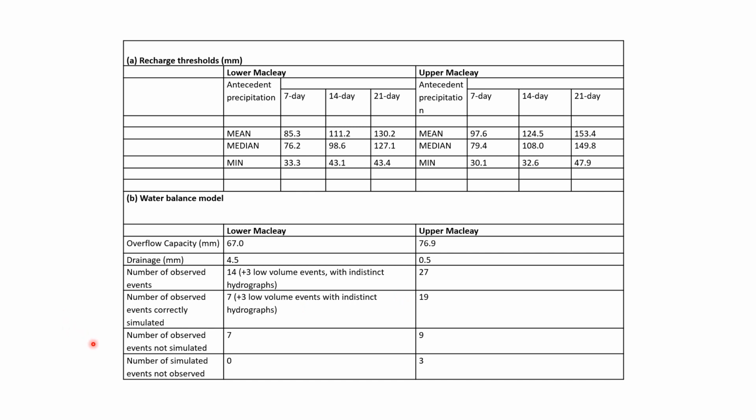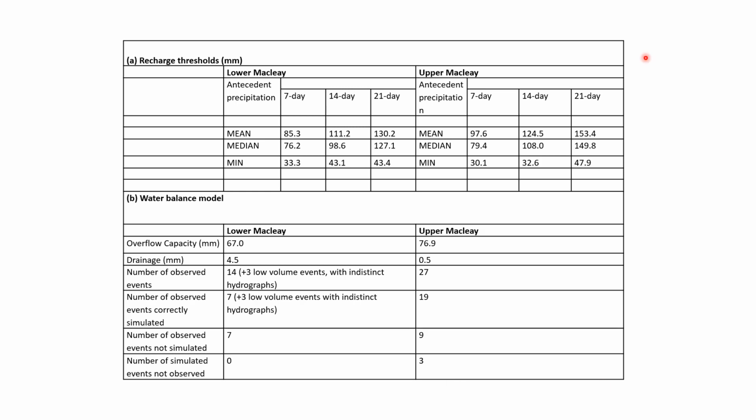We also looked at the number of observed events that were not simulated. So there were 7 that were missed in the Lower Macleay, 9 that were missed in the Upper Macleay, but also the number of simulated events that were not observed. And in the Upper Macleay, the model simulated extra events that we didn't see. So that tells us something about how the model was not functioning correctly.